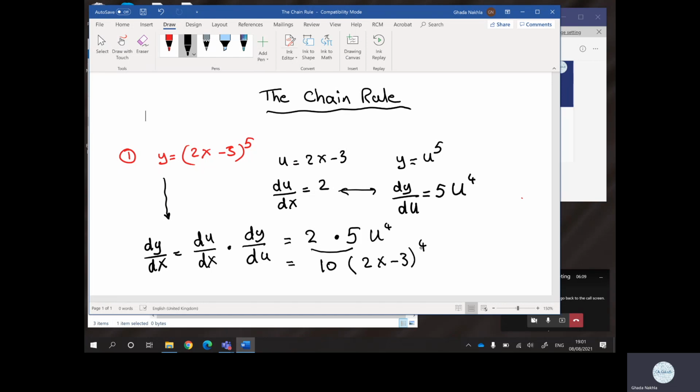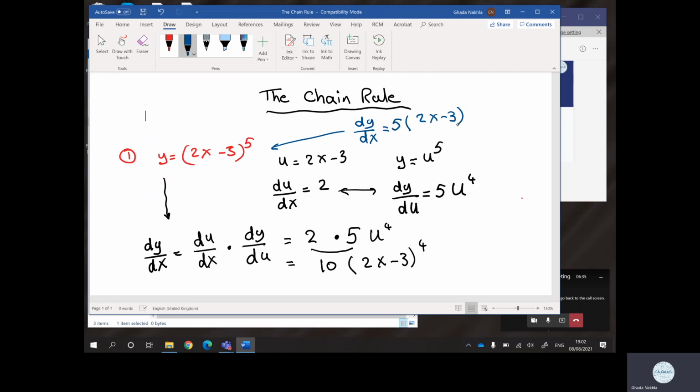That's one way to look at it. Another way to do this is what we call the quick chain rule. With the quick chain rule, you go dy by dx is equal to, drop the power down, so it's 5, and then the bracket, which is 2x minus 3, decrease the power.